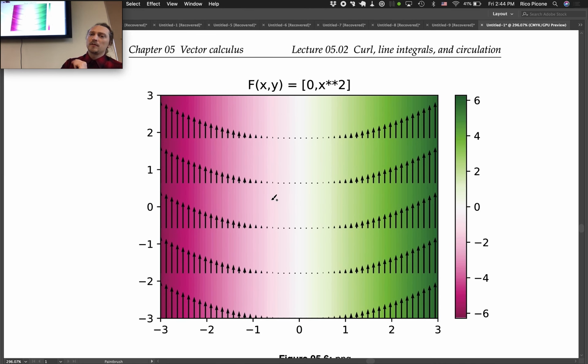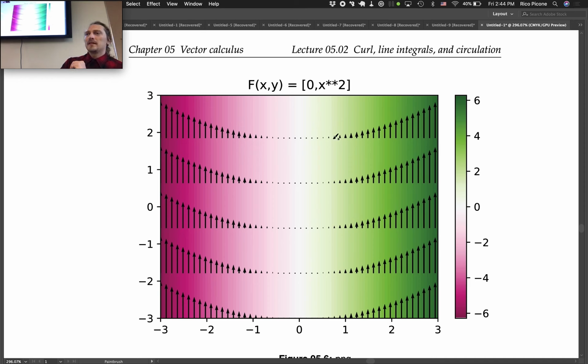So once again, we have no fluid flow or no vector direction in the x direction, only in the y direction. And it depends on x. So there's very little flow in the center, and you have more and more flow. And that more and more flow, it's not increasing linearly, it's increasing quadratically.